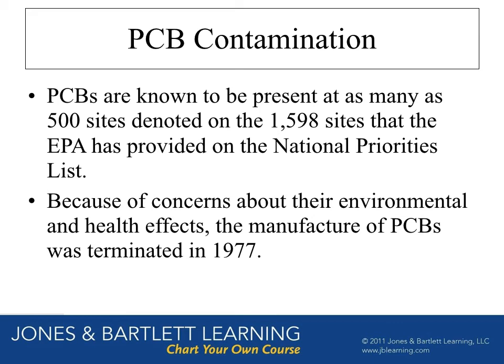This is a little bit dated because the last number was around 2007, and so the number of sites has probably decreased. However, PCBs, because of the spillage and their usage, are ubiquitous in the environment. And so because of the concerns about that, in the US, the manufacture of PCBs was stopped in 1977.